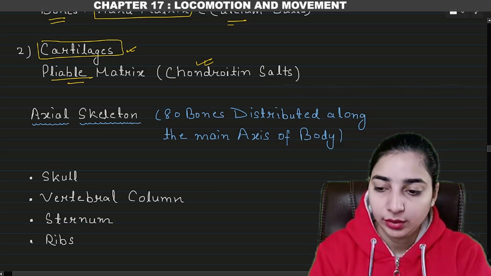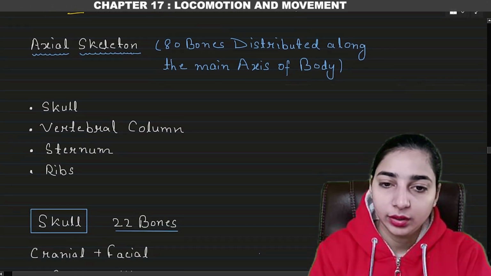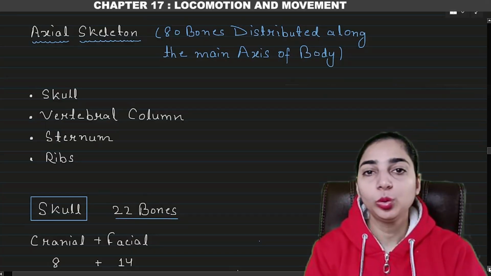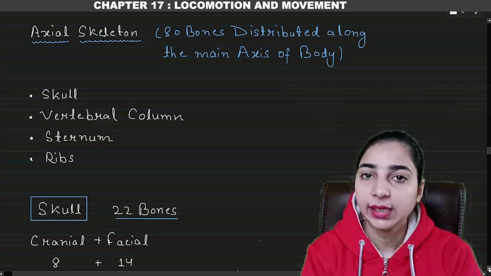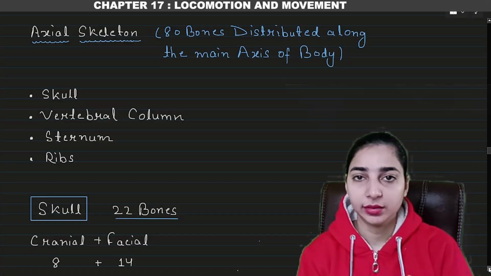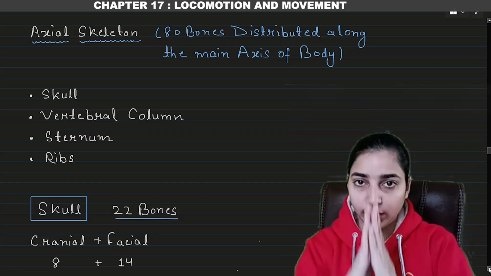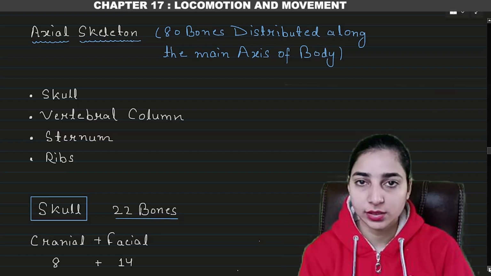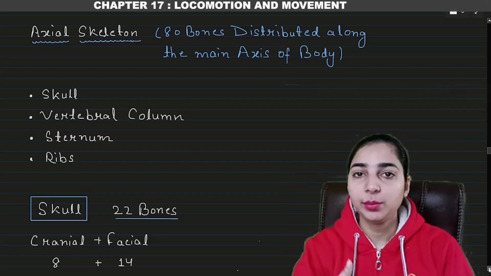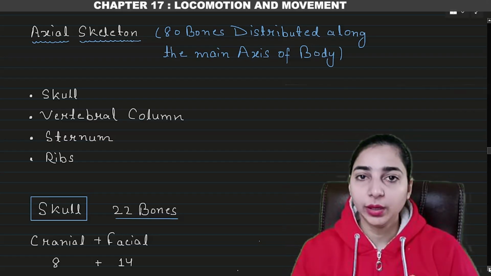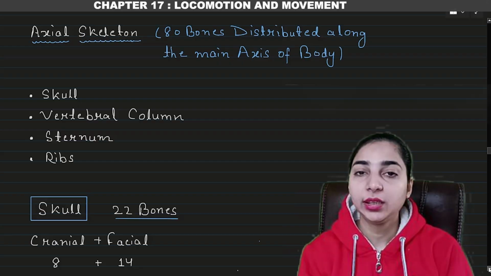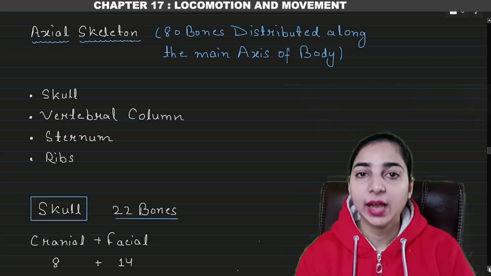Now the skeletal system can be grouped into two parts, the axial skeleton and the appendicular skeleton. The axial skeleton means the skeleton in the middle part of the body, the central part along the axis, that means the head, the rib cage, the middle part. Whereas the appendicular skeleton consists of the side parts, that means the hands and the legs.